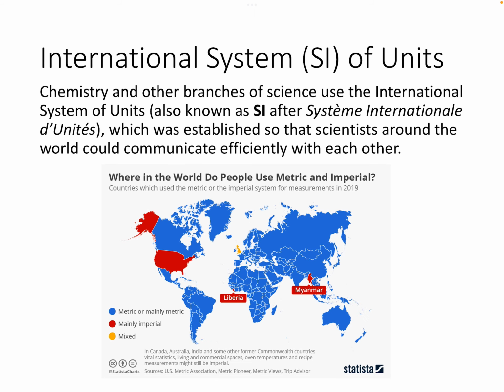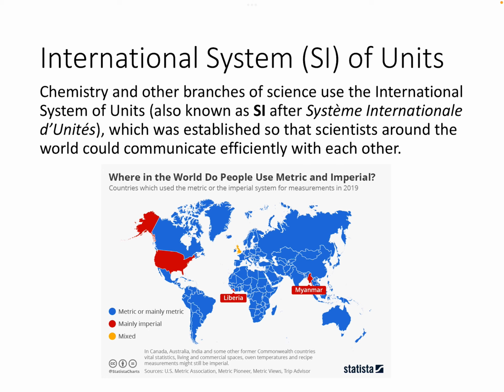Now, in chemistry and in science in general, we use what's called the International System of Units. This is also abbreviated as SI after the French way of saying it, Système International d'Unités. And this was established so that scientists around the world could communicate efficiently with each other.